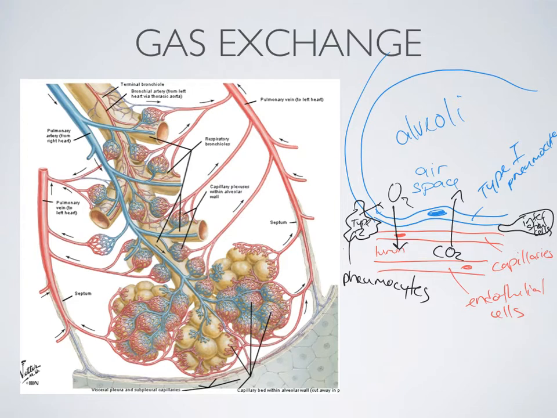Yes? So if you get pneumonia, would it be type 2 pneumocytes that get infected, or how does that work? Pneumonia can be viral or bacterial. Bacteria don't go into the cells. They usually come in through the air space, and the bacteria would live and multiply here.